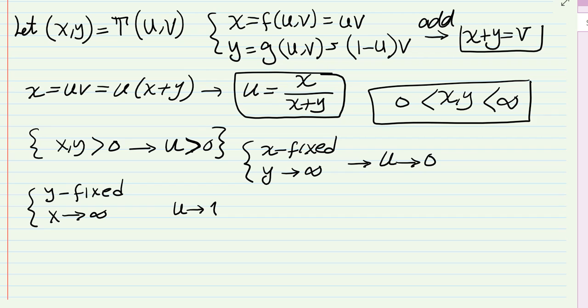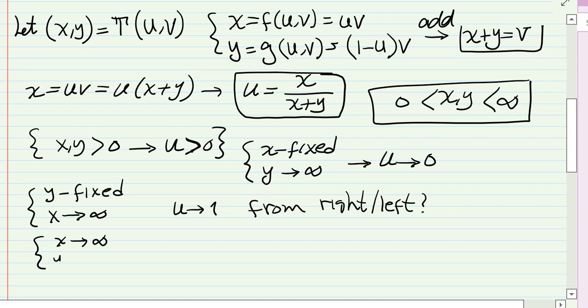Now, the question is, is it approaching 1 from the right or left? We're hoping that it's going to approach from the left. So let's finish this work. This time let both x go to infinity and y go to infinity.